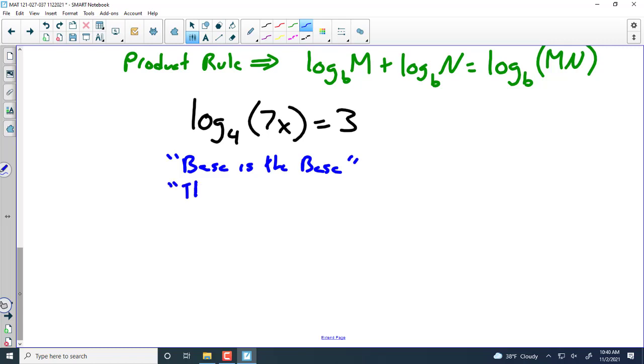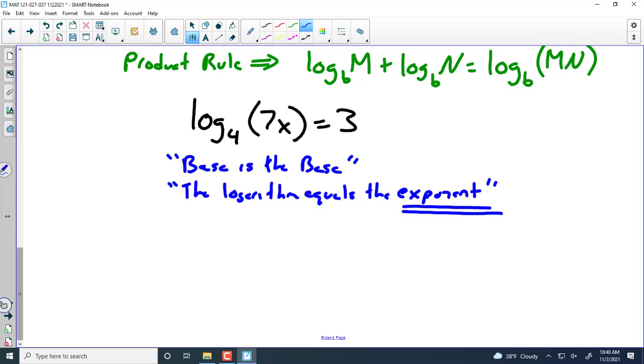And the logarithm equals the exponent. When I say the logarithm equals the exponent, I think I'm going to confuse some people, because someone was asking me about this. What I mean is that number over there will be your exponent. The logarithm is equal to the thing that's the exponent. So that's our exponent.